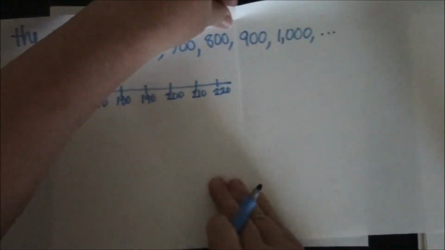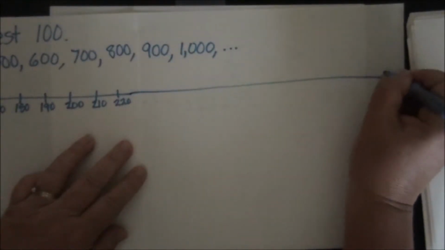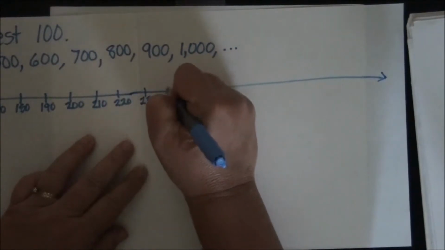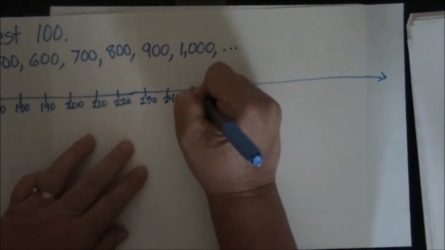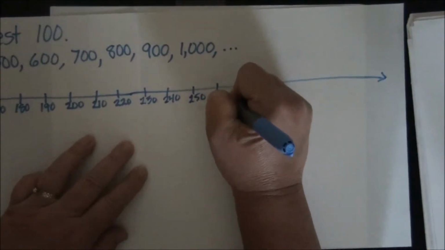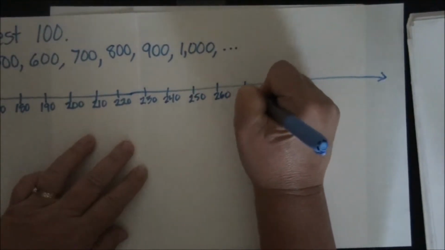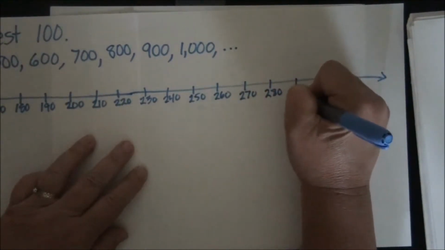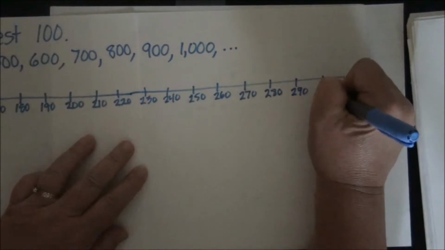Slide this over. Continue my number line. 230, 240, 250, 260, 270, 280, 290, 300. There we go.